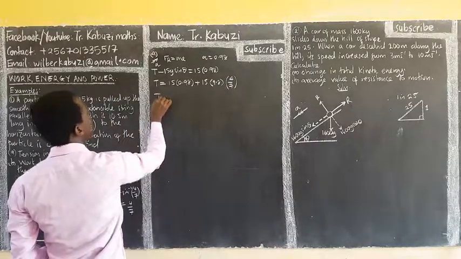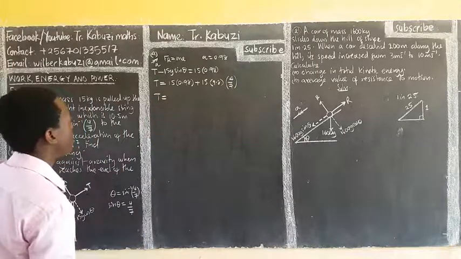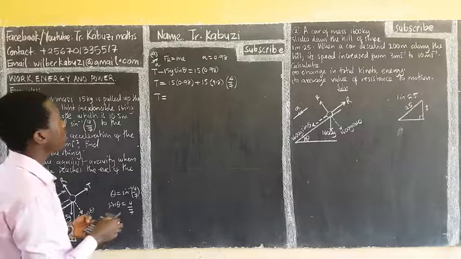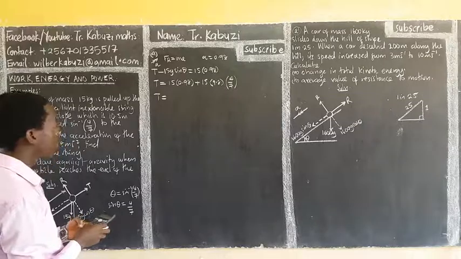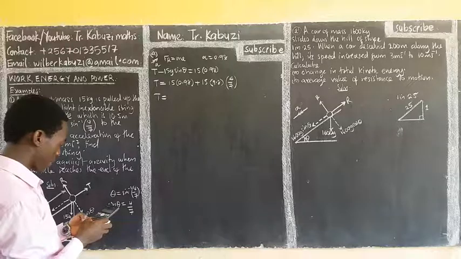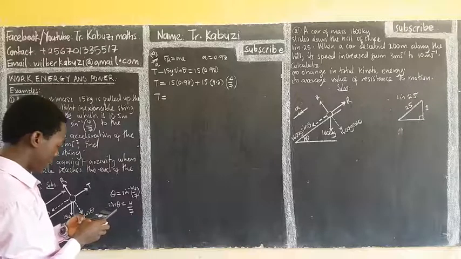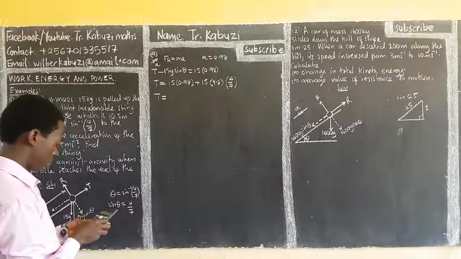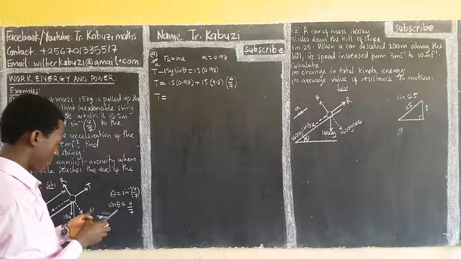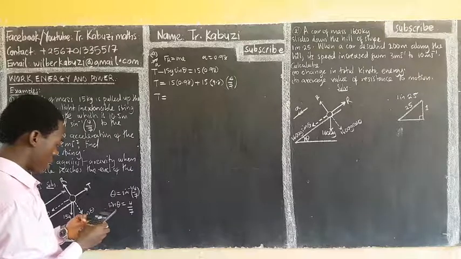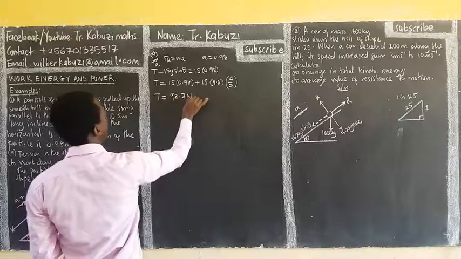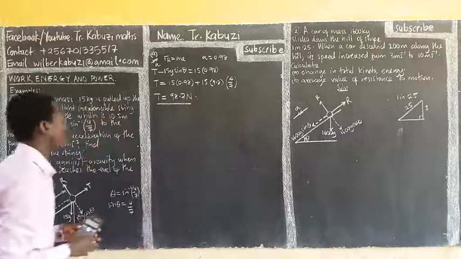And from there, the answer is going to be in newtons, because we are dealing with the tension in a string. So here I'm getting 98.7 newtons. So that's going to be the tension in the string.